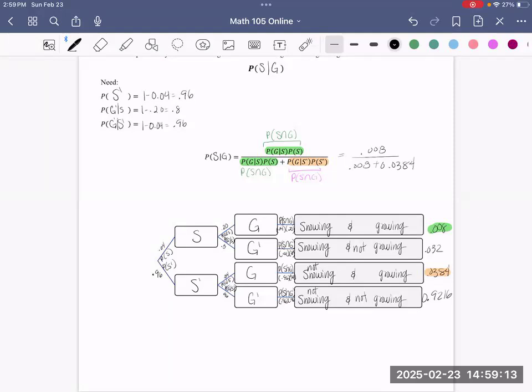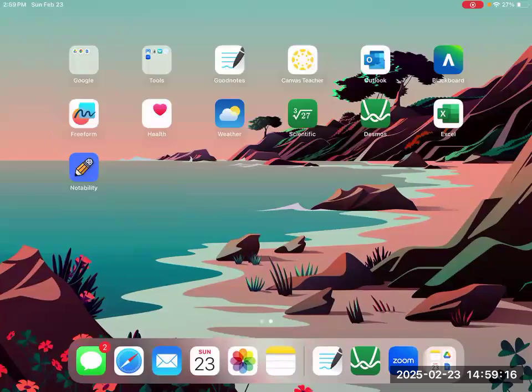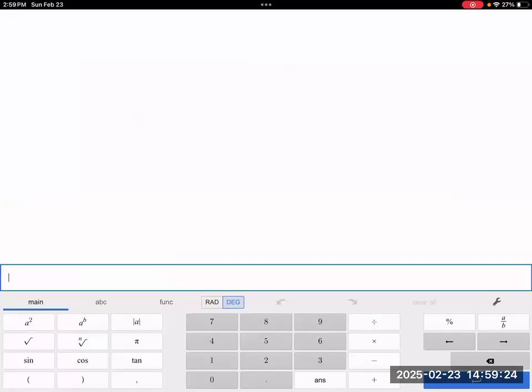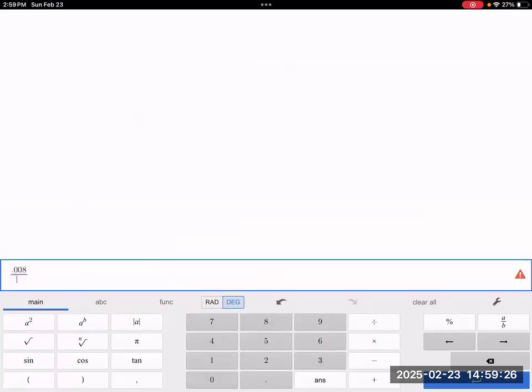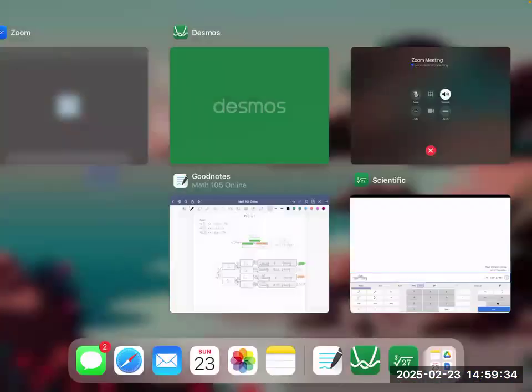We can put that into your Desmos. Oops, not the right one. So we have 0.008 over 0.008 plus 0.0384. So there's a 17% chance of this actually happening.